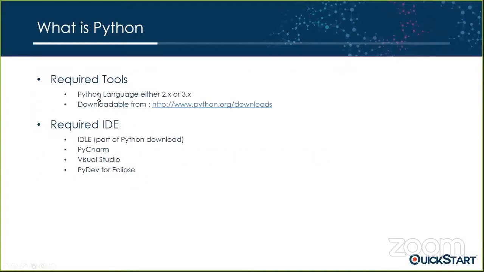Let's say you want to use Python. The first thing you will have to do is decide whether you want to go with the Python 2.x versions or the 3.x versions. Obviously, if you are starting Python, you should always go with the newer versions, which means the 3.x family.